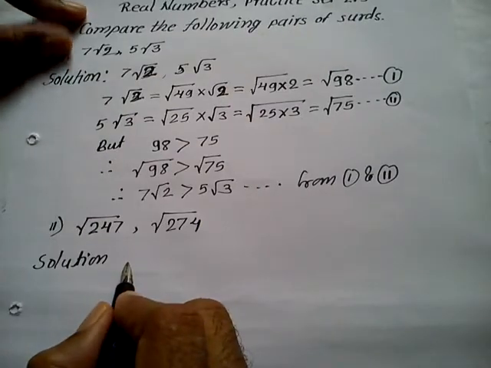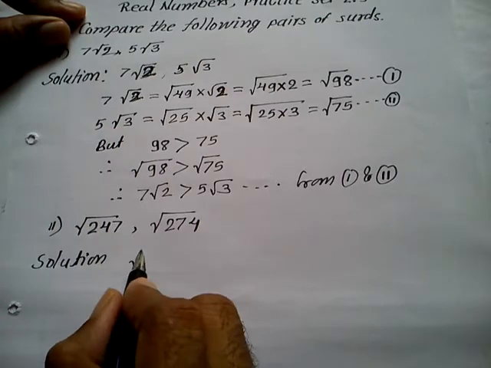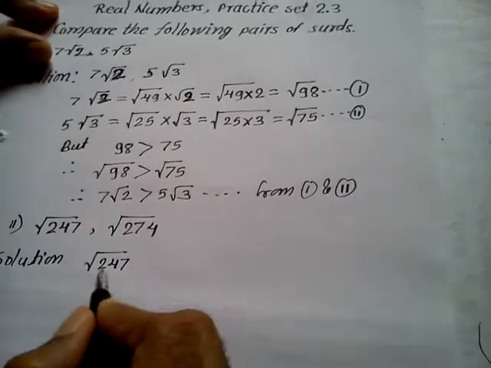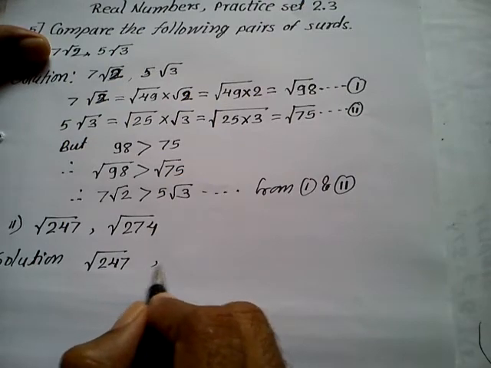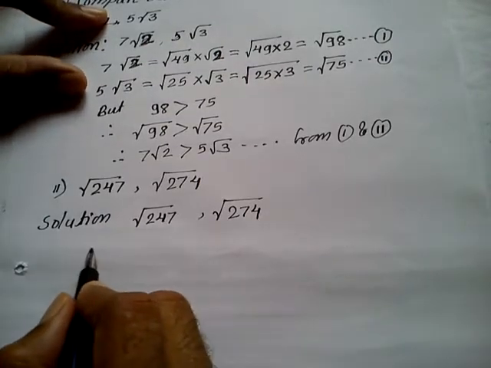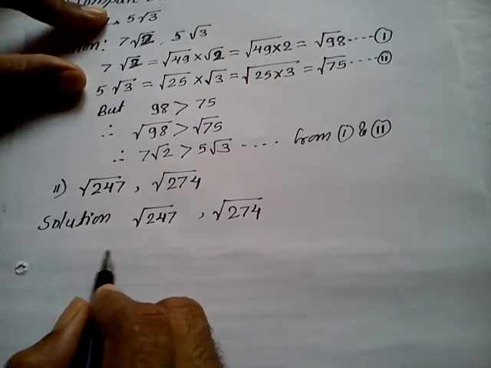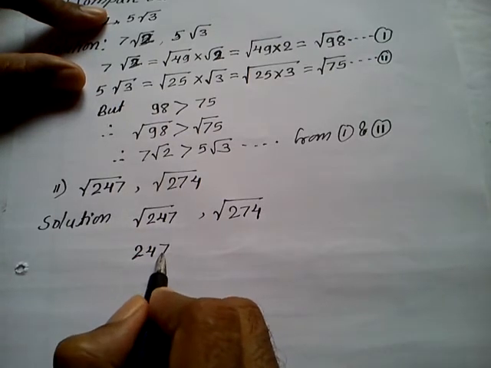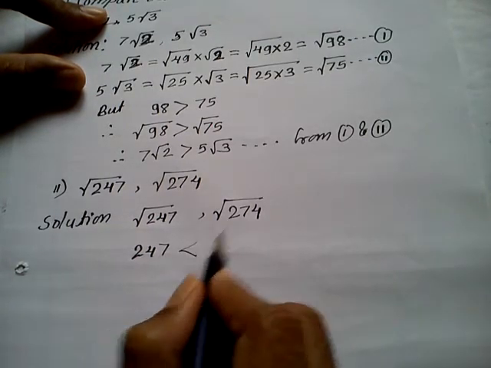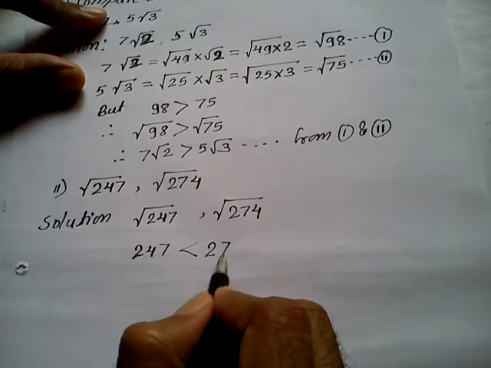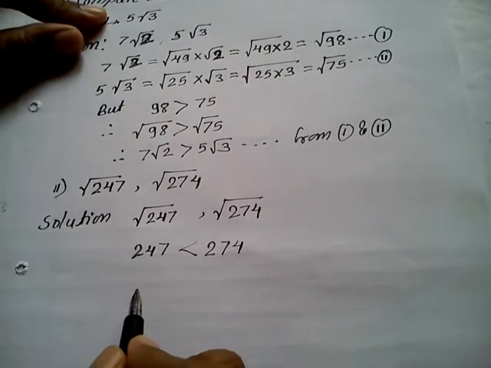Given example 2. Under root 247 first one, and second one is 274. Here we can say 247 less than 274. Is it clear now?